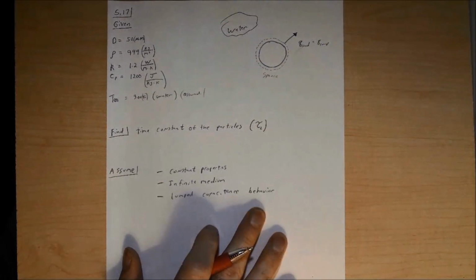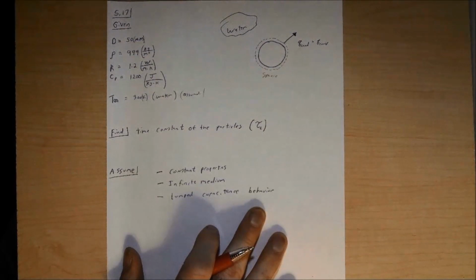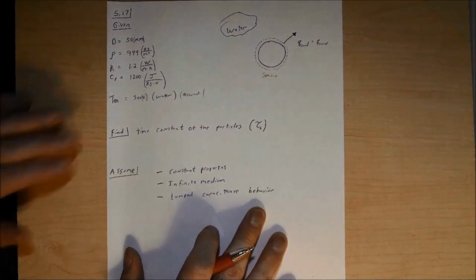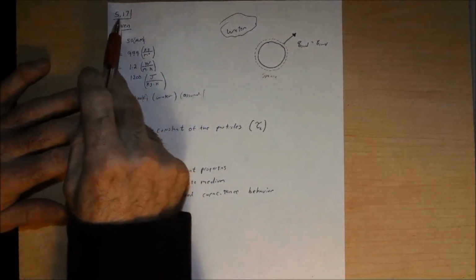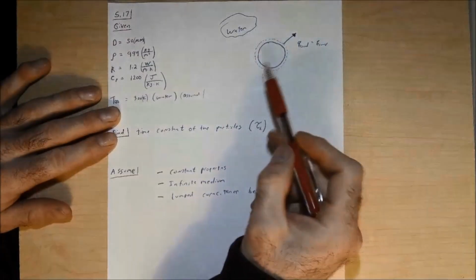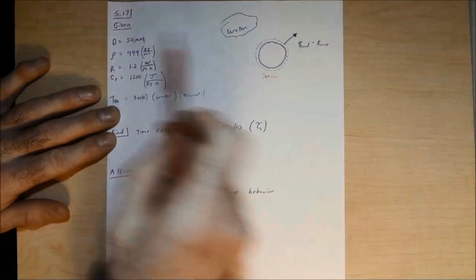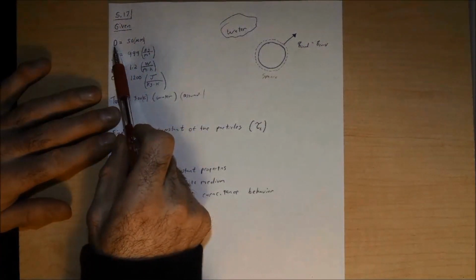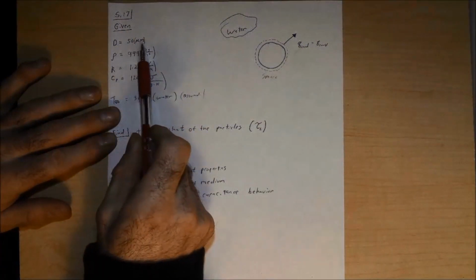Now let's take that information from our given problem statement and organize it into a format we're used to, to make it easier to visualize what's going on, all the variables that are given, what they're asking us to solve for, and what assumptions we should make. From problem statement 5.17, we know we have these spherical particles with a diameter, capital D, of 50 micrometers.